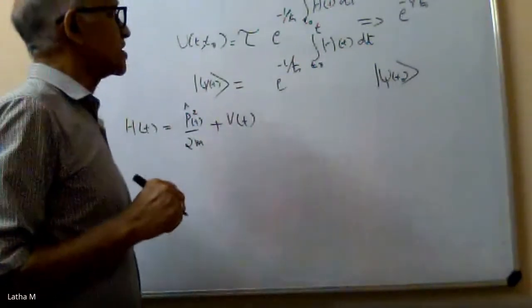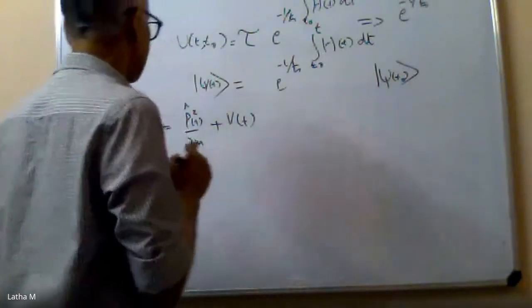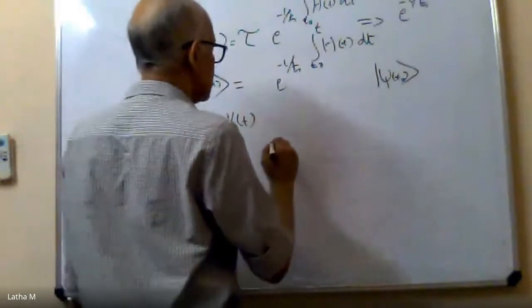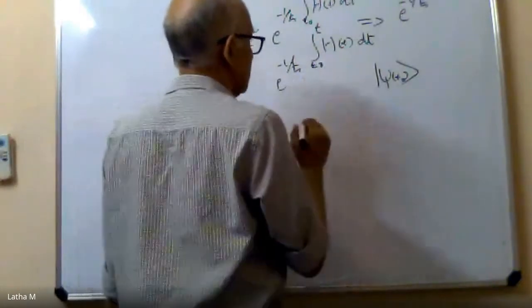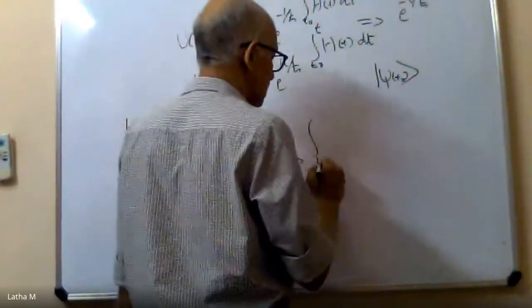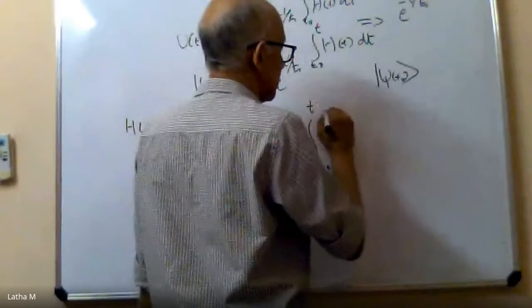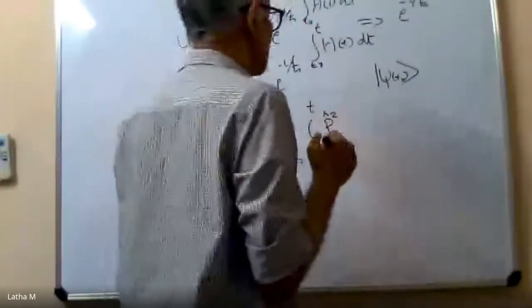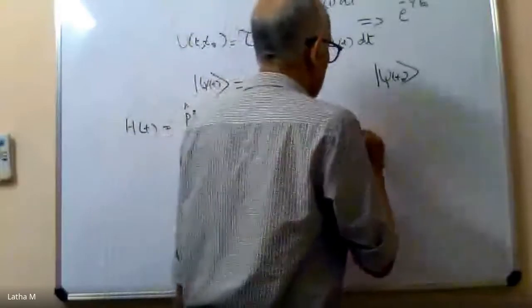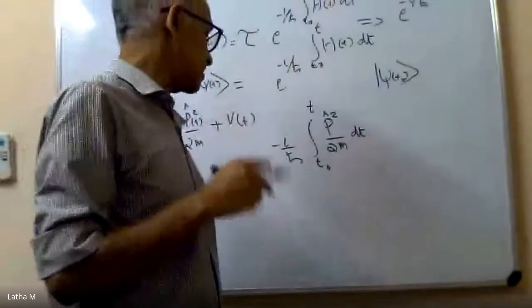The time-dependent potential is 0. Then this integral becomes minus i by h cut integral from t0 to t of P square by 2m dt.